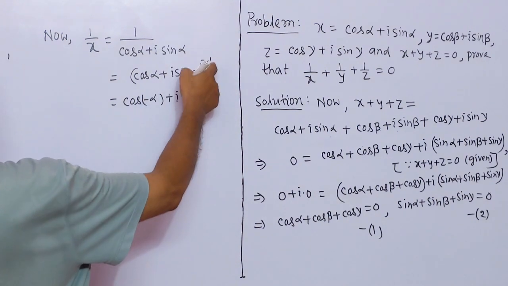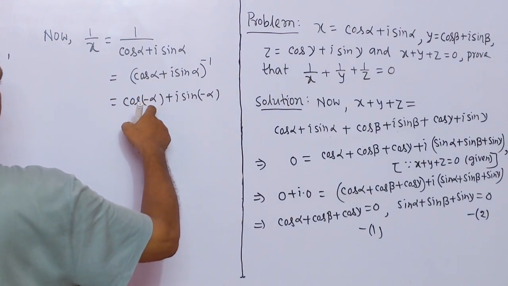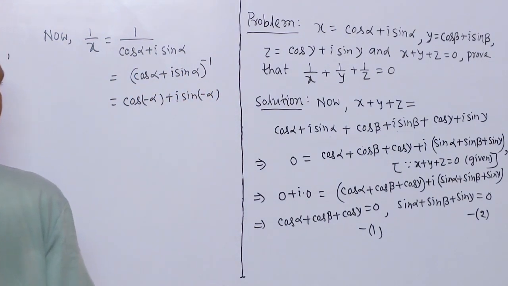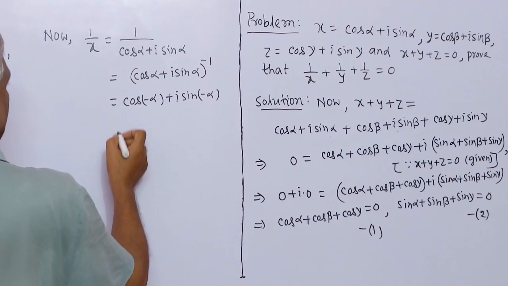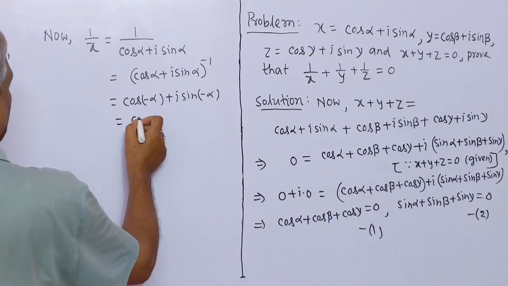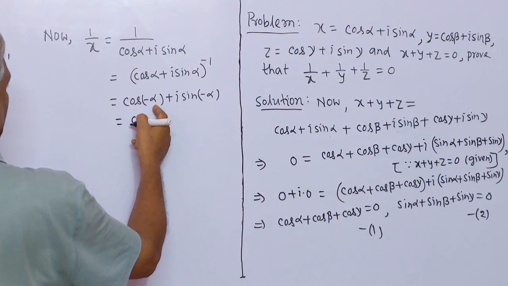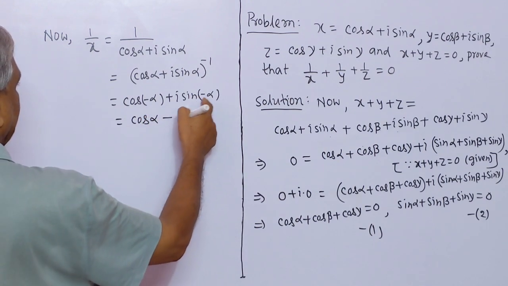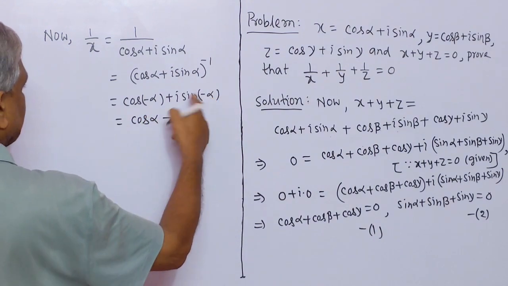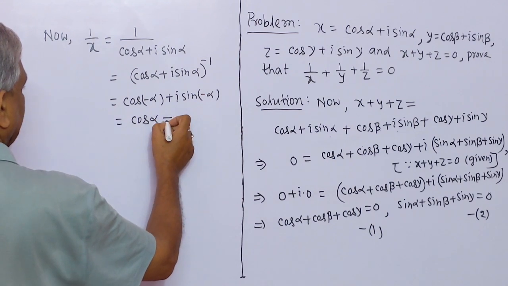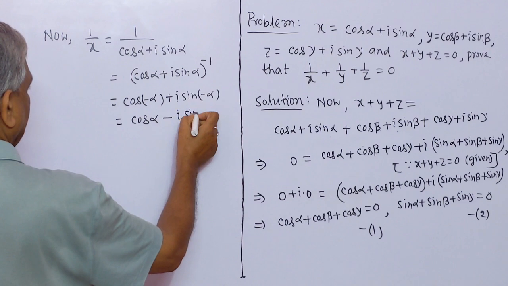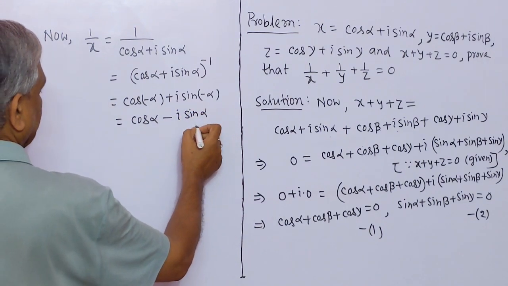Minus alpha means minus 1 into alpha. And cos minus alpha is cos alpha, and sin minus alpha is minus sin alpha. So here we write cos alpha minus i sin alpha. This is number 3.